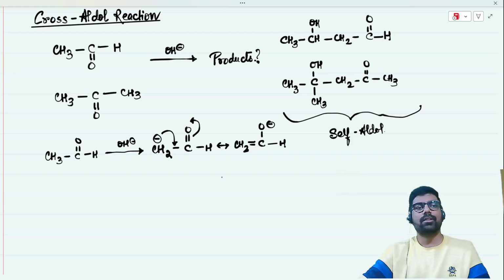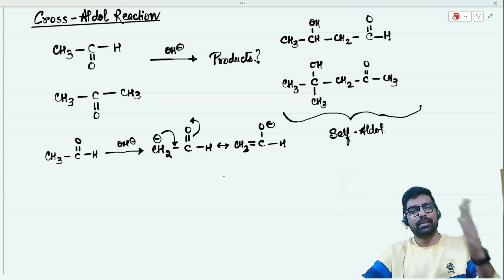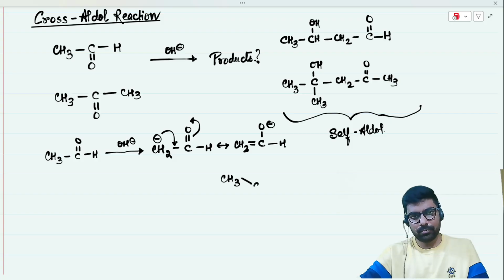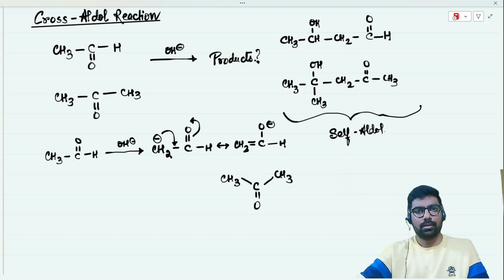Now, instead of reacting with the same acetaldehyde molecule, it will react with the acetone molecule. This will attack over here, push back and attack this carbon.